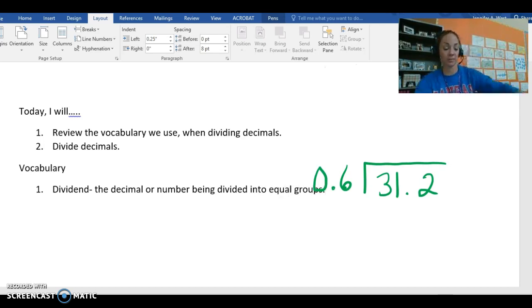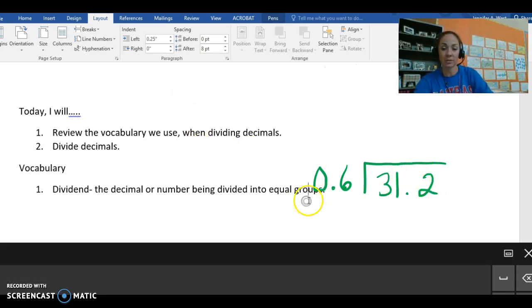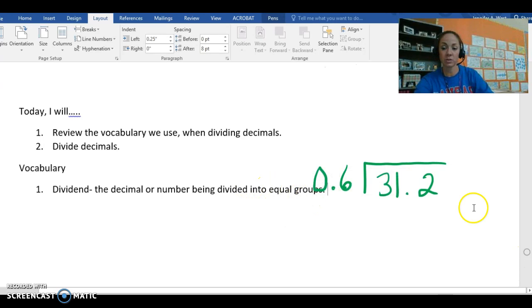Okay, yeah, I know, I just typed right into the middle of my problem. Well, your dividend for this equation is going to be your 31 and 2/10, because that is the number that's being divided into equal groups.